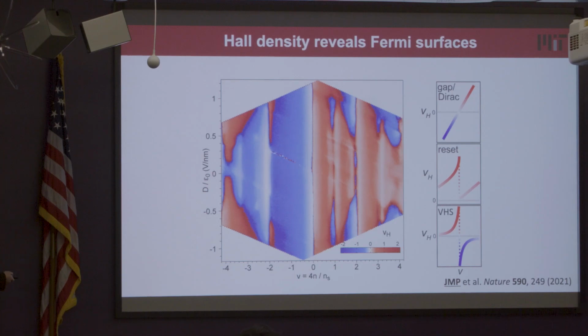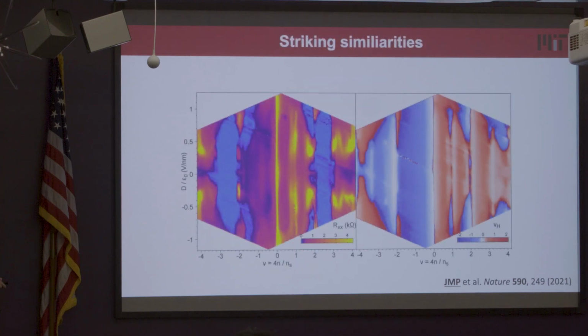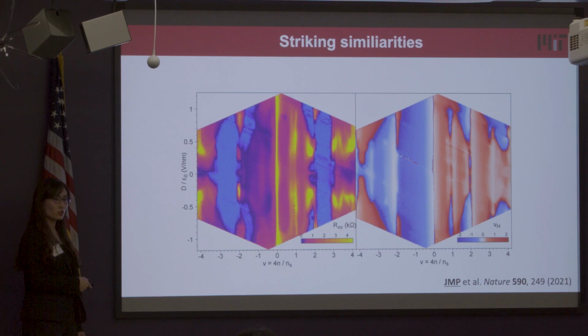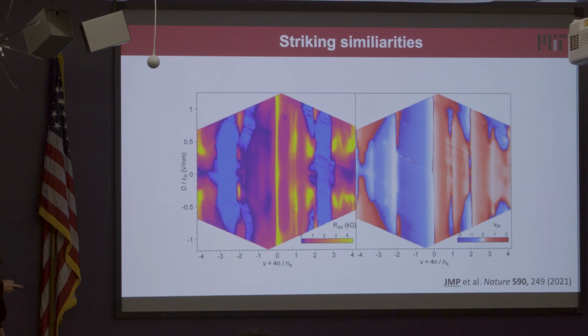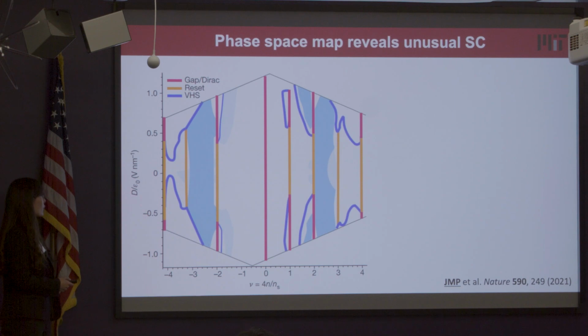Okay, so now we can put the two maps side by side. Just visually looking at it, without any further data analysis, you can see striking similarities between the features of the resistance and the hole density. Especially notable are the superconducting region boundary shapes and some of the features in the hole density, right? To compare this better, we can put those features in a single map.